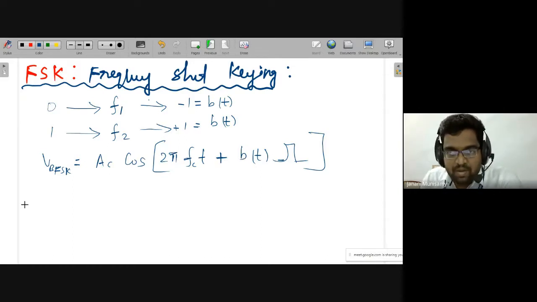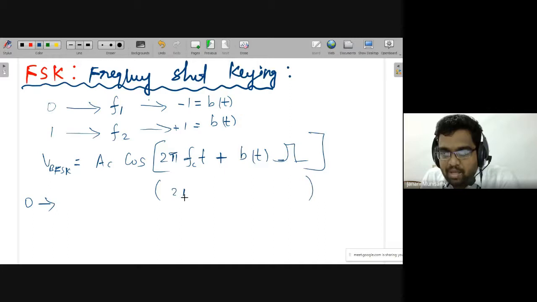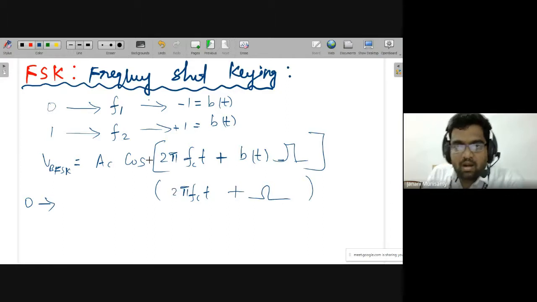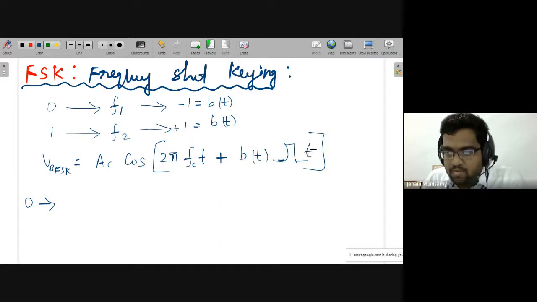So at any point of time we will get either +1 or -1. Suppose I am sending 0, what frequency component will I get here? That is 2 pi fc t plus omega. Or otherwise I will write it in terms of frequency directly, omega of t.